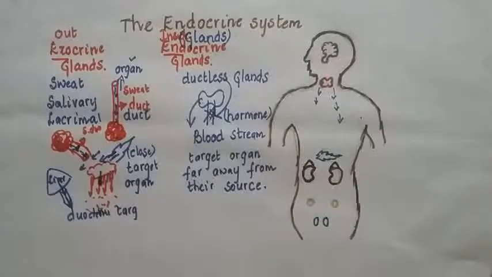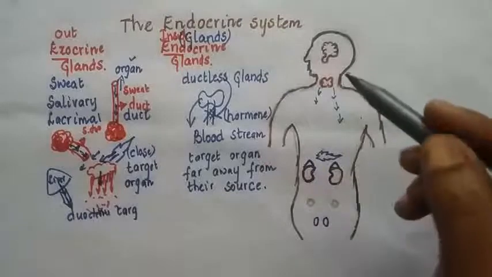Fine, children. So these are certain differences between the exocrine and endocrine glands. Now, there are a number of endocrine glands in our body, but as per the syllabus, we are going to learn only a few endocrine glands. Okay?